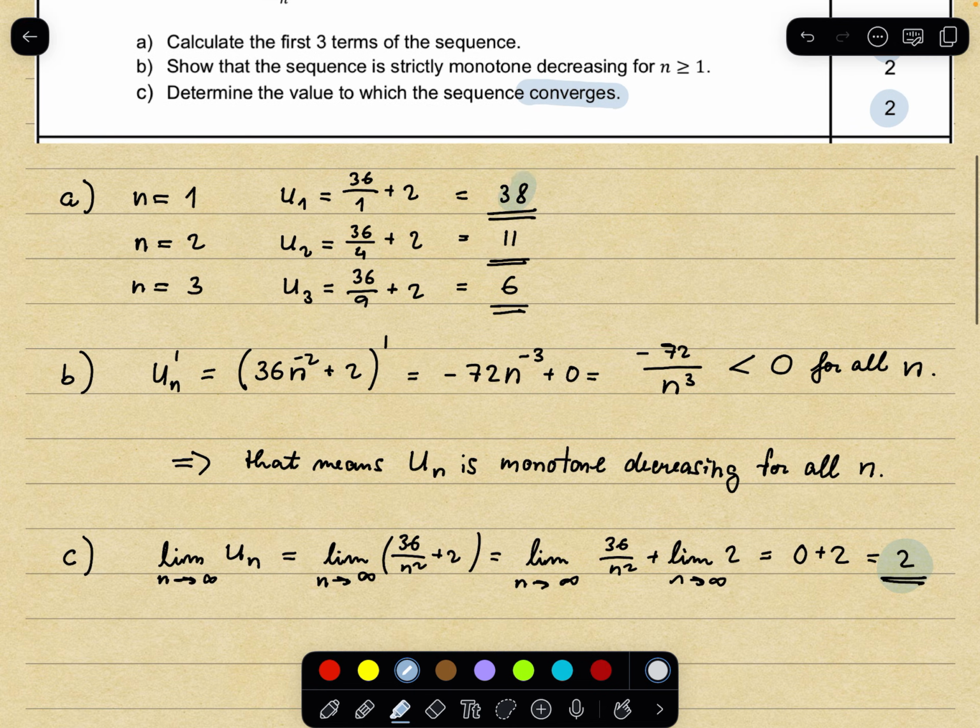Again, make sure that your final answers are visible, that you explicitly answer every question. Don't leave any doubts as to what you found as the solution or as the answer to the question that you're being asked.